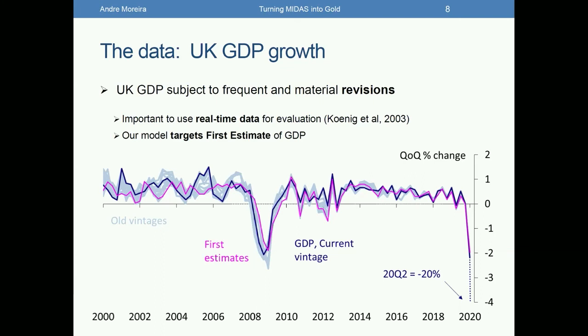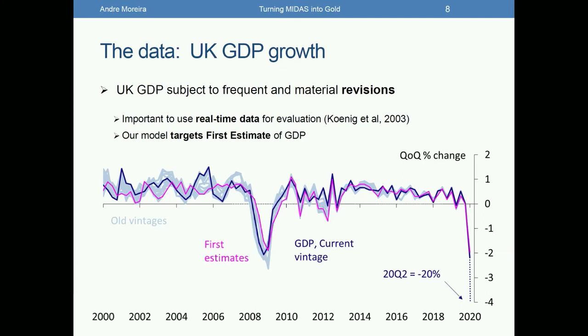So this first chart is showing quarterly UK GDP growth. That is your dark blue line, and the swathe is all of its former incarnations. So that's showing you that these data get revised quite a bit.